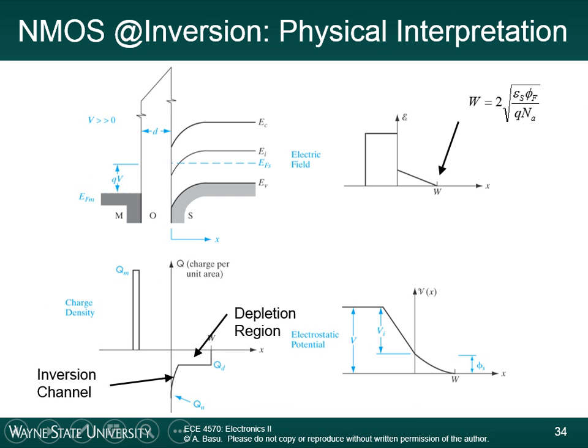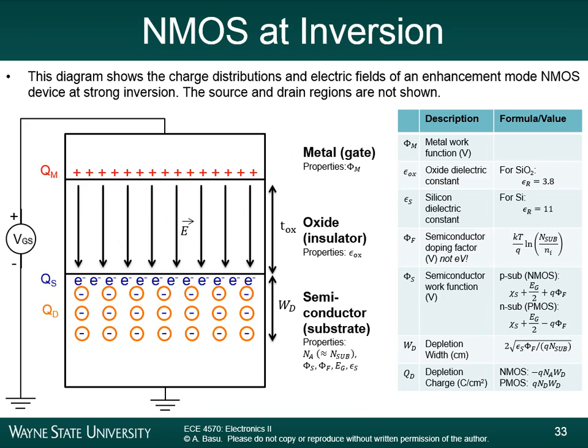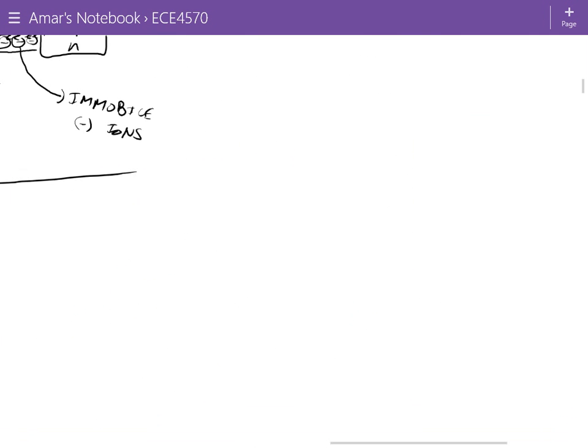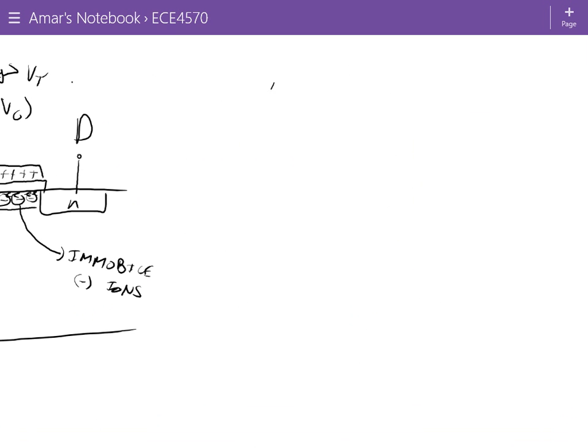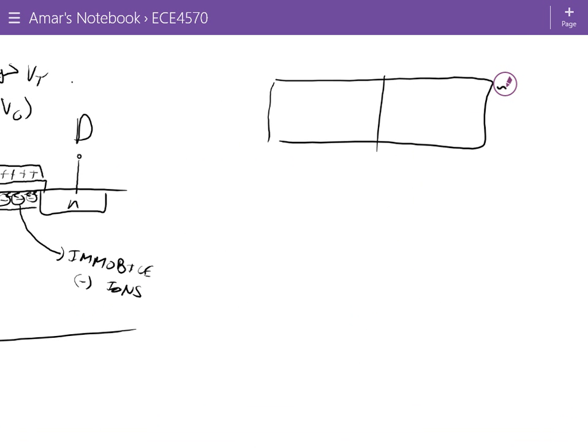Now, remember for a p-n junction, when we were deriving the electrostatic potential, we said, okay, we know what the charge density is. Let me just draw this out and remind you. For a p-n junction, we did this type of electrostatic analysis. We said there's negative charge buildup here, positive charge buildup here, and so we went through.